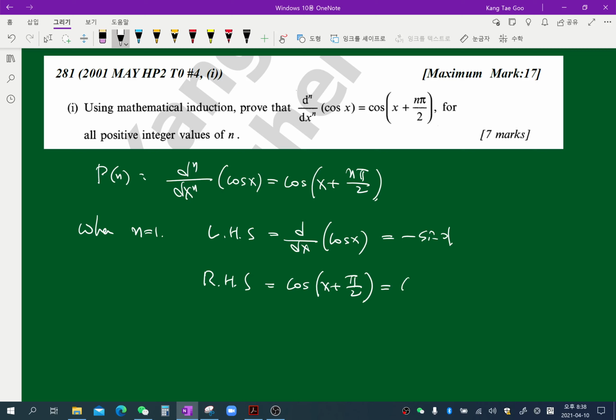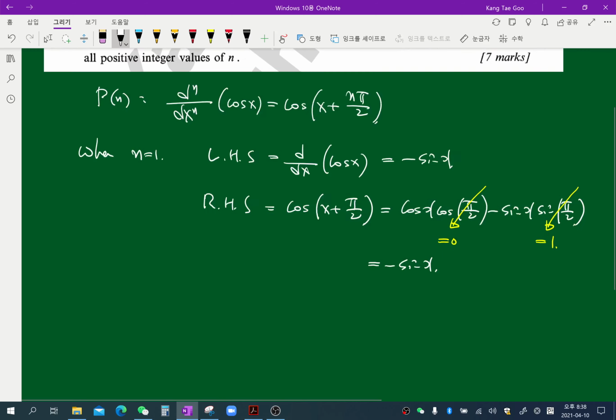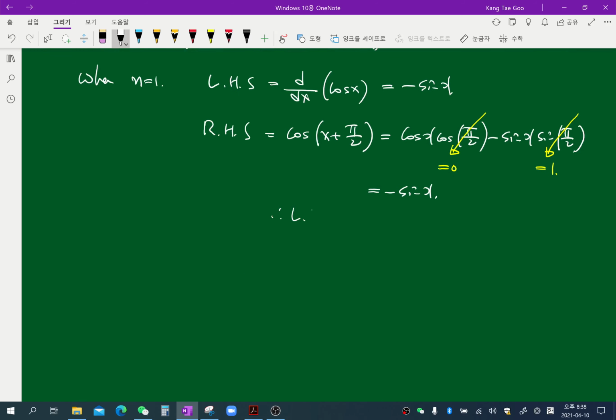Cosine of a plus b is cosine a cosine b minus sine a sine b, right? Then we know that cosine pi over 2 goes to be 0, sine pi over 2 goes to be 1. That's why the answer goes to be negative sine x. Both are the same. Since your left hand side and right hand side are the same, that's why P1 is true.